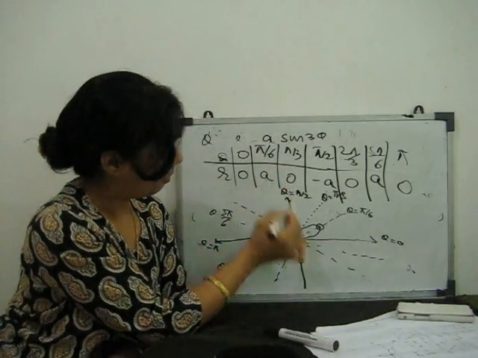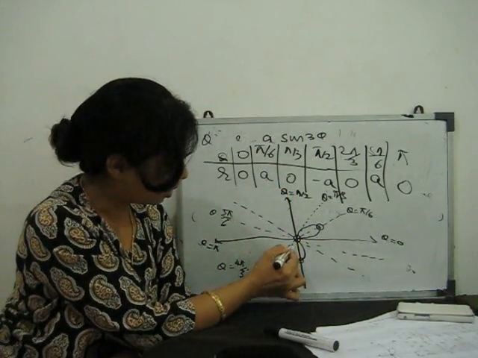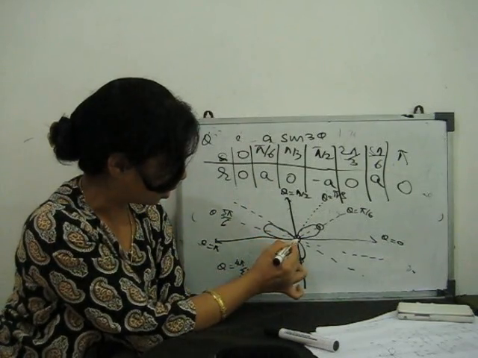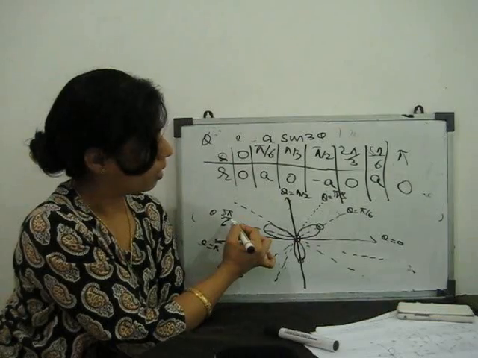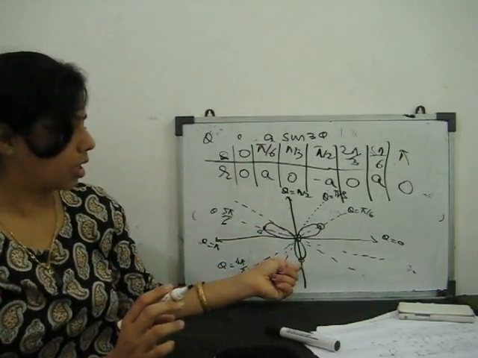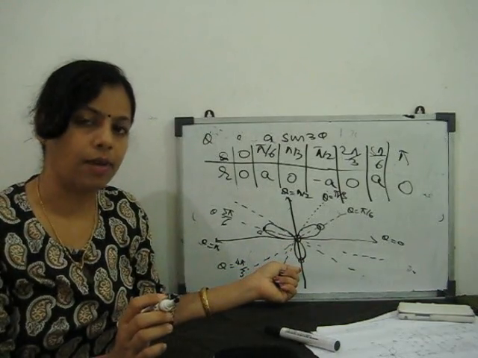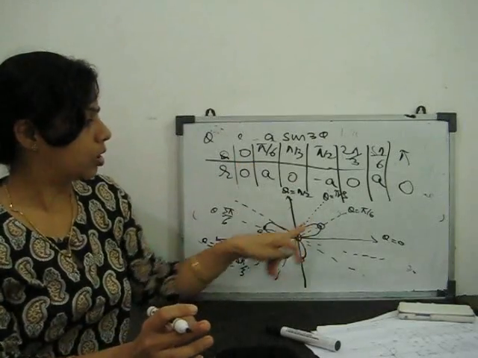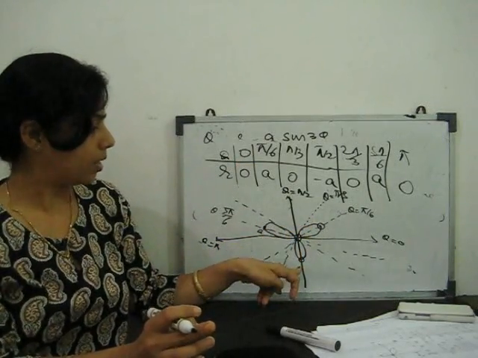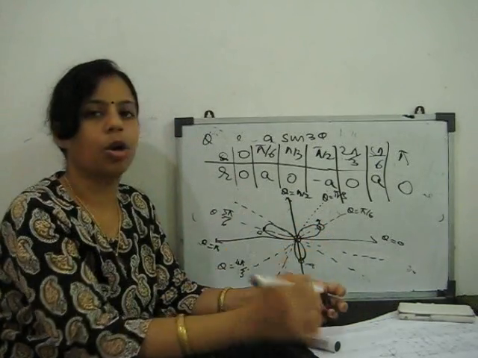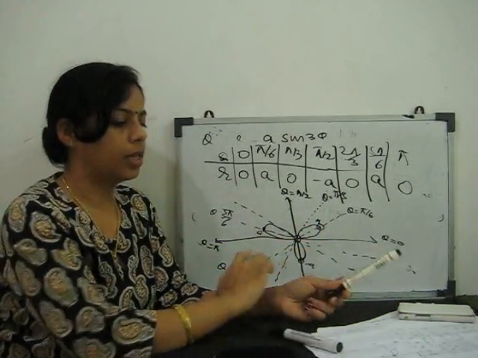Same at this point, 5 pi by 6, it is a. So the curve is like this. When you trace all the theta and then put the radius vector values a and minus a, this is the a point, this is the minus of a point, your curve becomes like this.